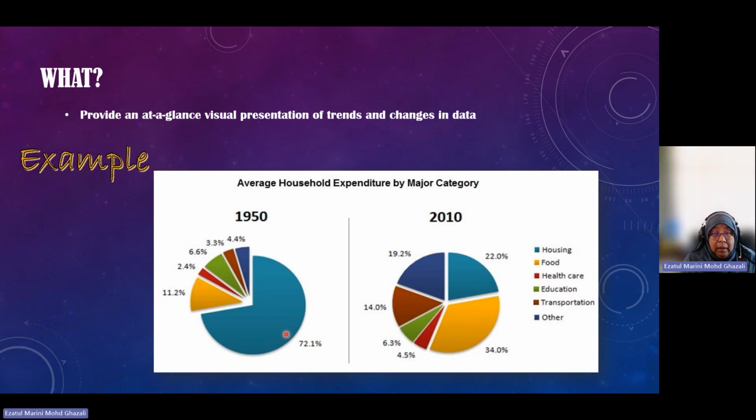However, in 2010, they only spend about 22% of the household expenditure on housing. And if we look at the pie chart in 1950, we can see that 3.3% is spent on transportation. However, it becomes larger in 2010.